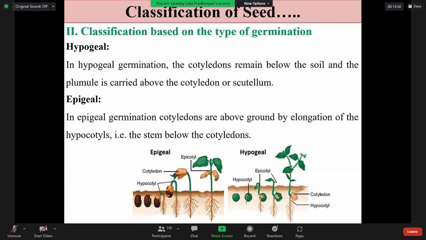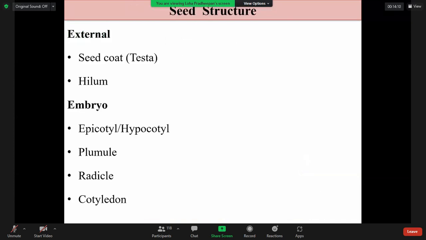In hypogeal germination, the cotyledon stays here below the ground. That is the main difference based on the type of germination. An example of crops for hypogeal germination is simply monocot plants, and the plants showing epigeal germination are mainly dicot plants.